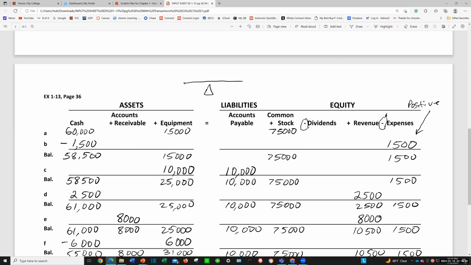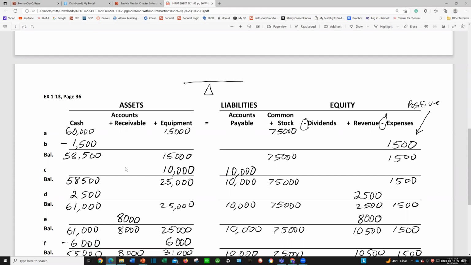No, because you see this minus sign, that means that this positive 1,500 is really a minus 1,500. This is how Connect is going to do it. So you just got to remember that a positive 1,500 here under expenses will actually be minus seen from the equity because of this little minus sign here.